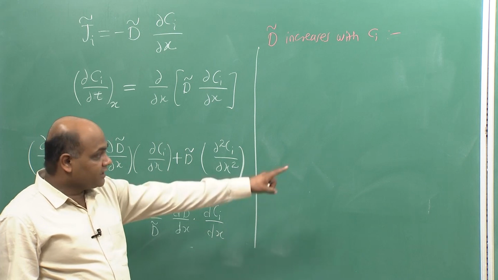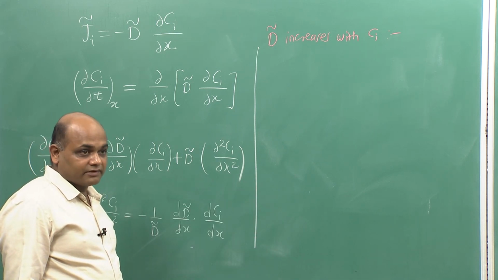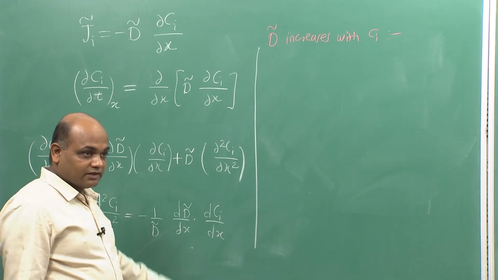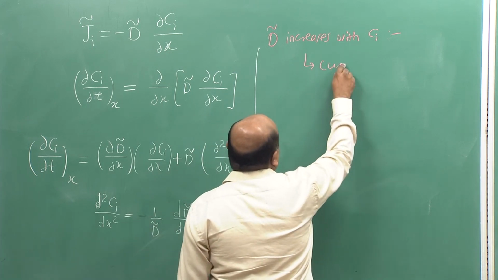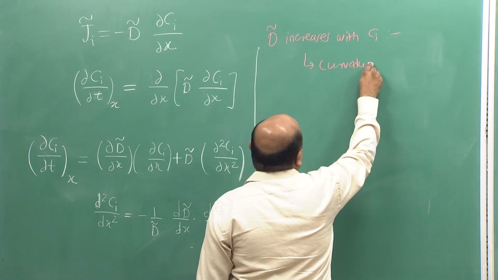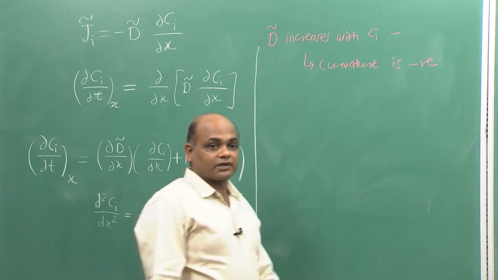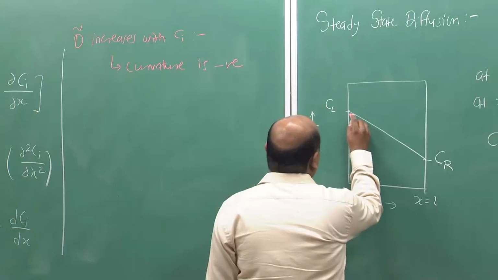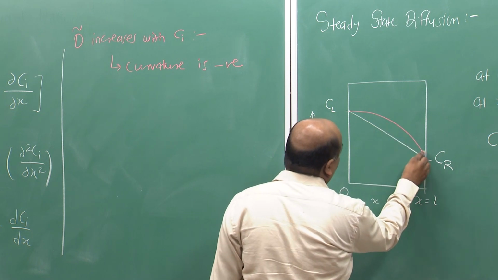Now, dCi by dx here is negative, right, because concentration is decreasing. So, the curvature in this case will be negative. So, qualitatively the concentration profile will look something like this, right.